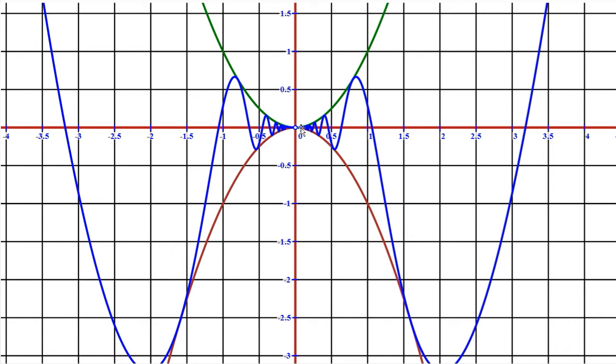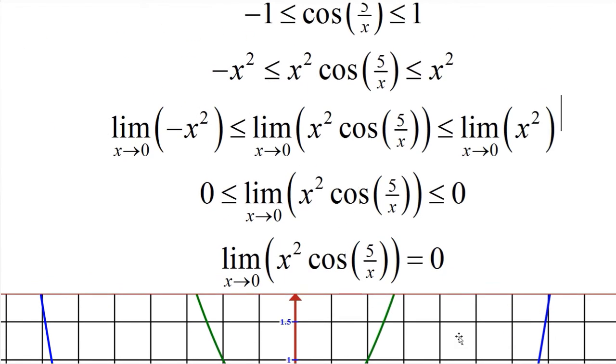It's continuous everywhere except at 0, but it's going up and down infinitely many times between -1 and 1. It crosses the x-axis infinitely many times. Pretty wild function, isn't it? At x equals 0 it's undefined, but it is approaching 0, and that's what we just proved using the squeeze theorem.